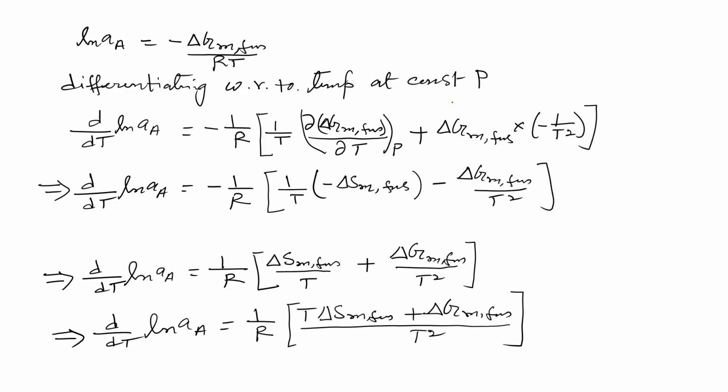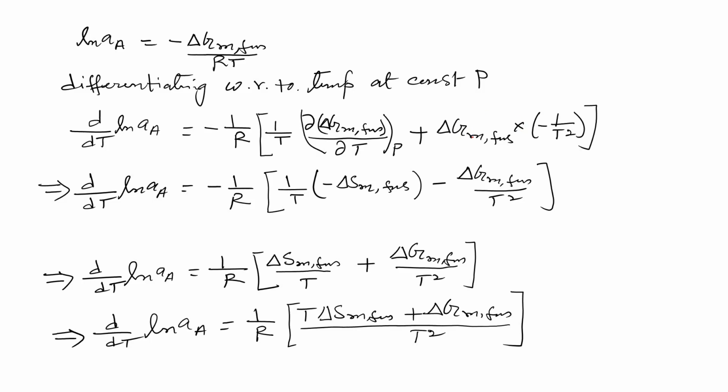Now differentiating with respect to temperature at constant pressure. So d/dT of ln activity of A is equal to, now there are two terms. One is delta Gm, the molar Gibbs free energy change of fusion, and another term is 1 by T. R is constant. So minus 1 by R. Now if you differentiate, the first function times the differentiation of the second, that is dou of delta Gm fusion by dou T at constant pressure, plus the second function, delta Gm, the molar Gibbs free energy change during fusion, times the differentiation of the first.